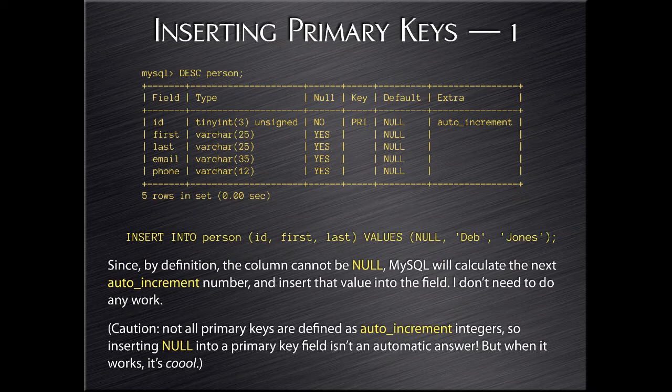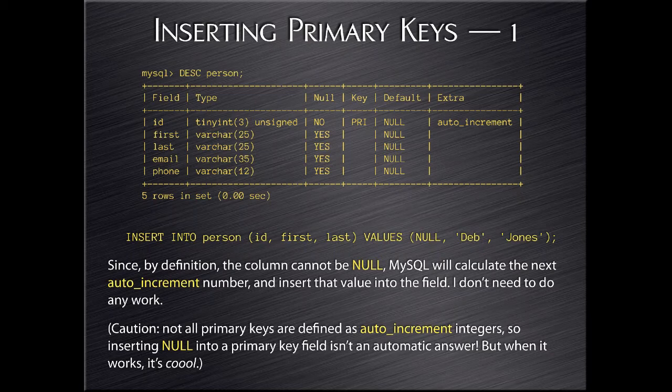Well, this is one of the places where MySQL figures out something better to do than what we told it. Namely, because this is an integer column and it's auto increment, null is disallowed. So what MySQL does is it calculates the next auto increment number, and it uses that in the ID column. I don't even need to look up what the largest value is in the ID column.